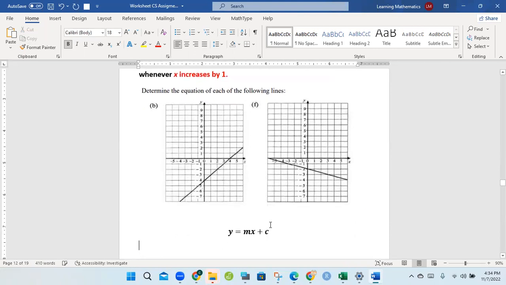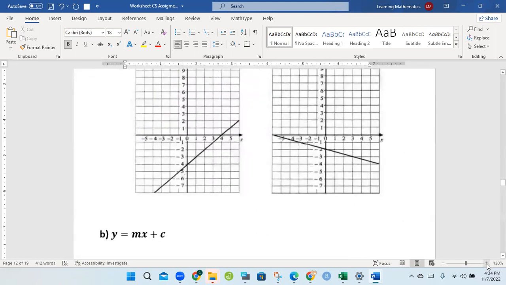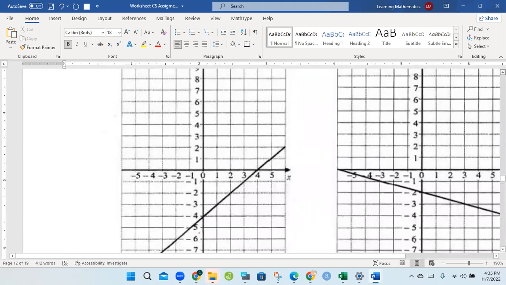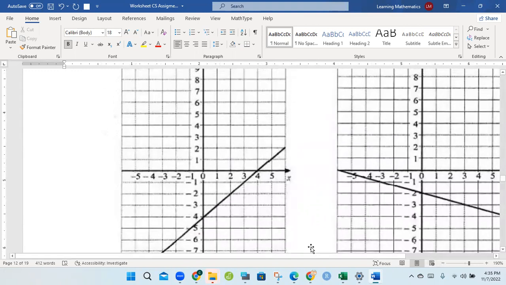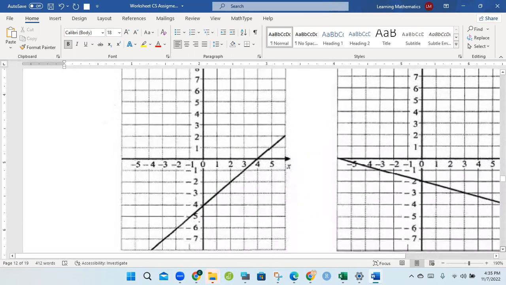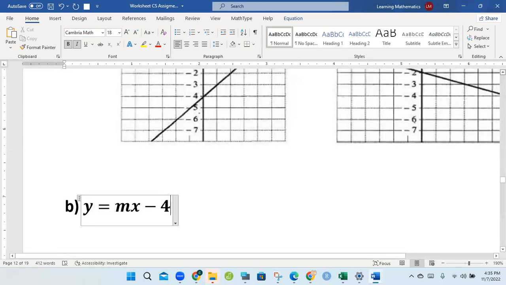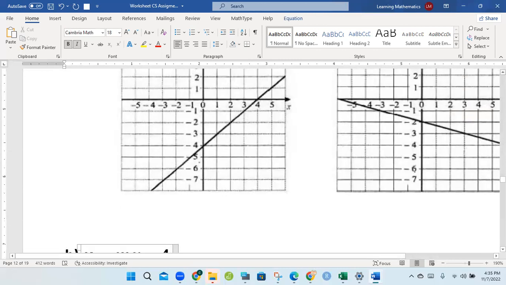Let's take a careful look at the graph for B. That's B's graph right there. Clearly, we can see the y-intercept is -4. So we can write this down. The y-intercept, c, is -4. What we need to find now is the gradient, by how much the y changes when x increases by 1.